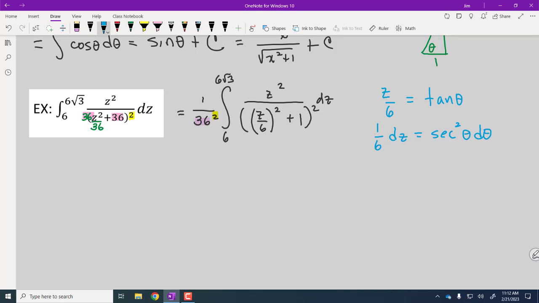Now we're ready to turn everything we see inside that integral over to thetas. Everything needs to become a theta. Before we do that, is there any question on the substitution or the factoring?